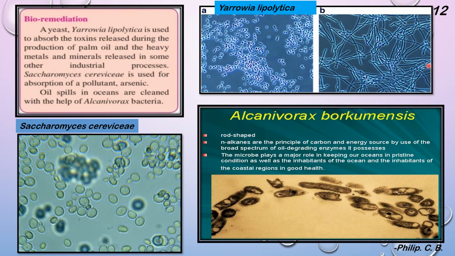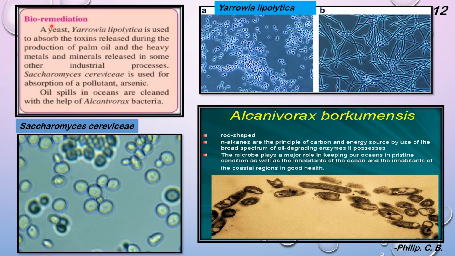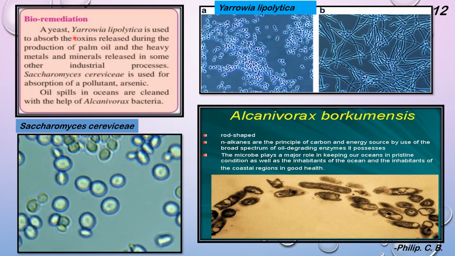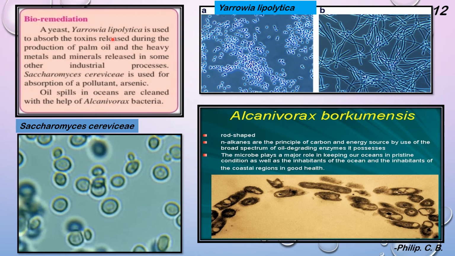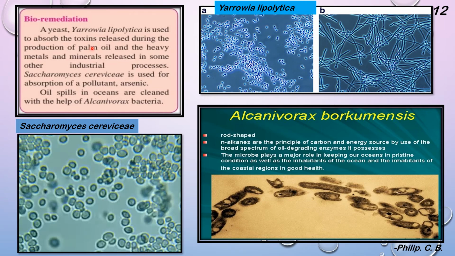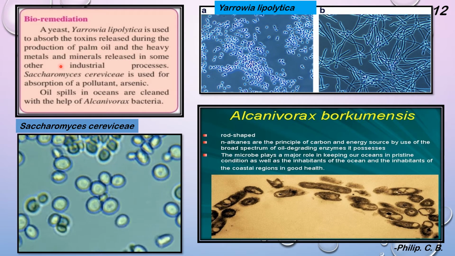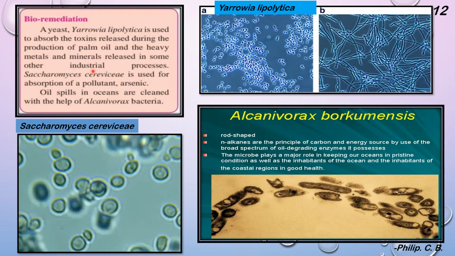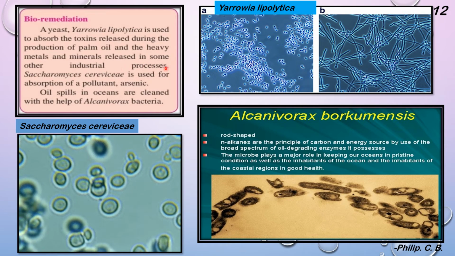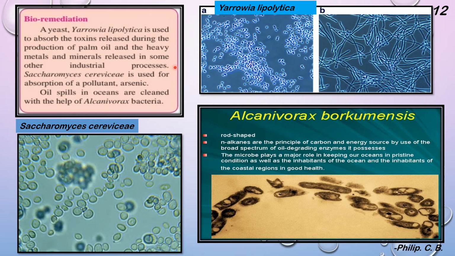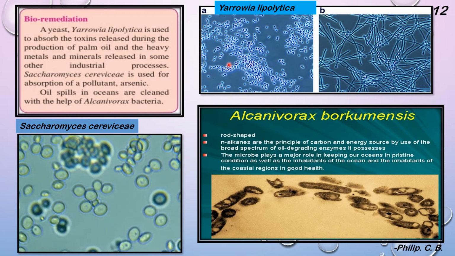Now a little bit more information about bioremediation. A yeast, Yarrowia lipolytica, is used to absorb toxins released during production of palm oil and heavy metals and minerals released in some other industrial processes. Now, if you see, I put the image of this particular microorganism.